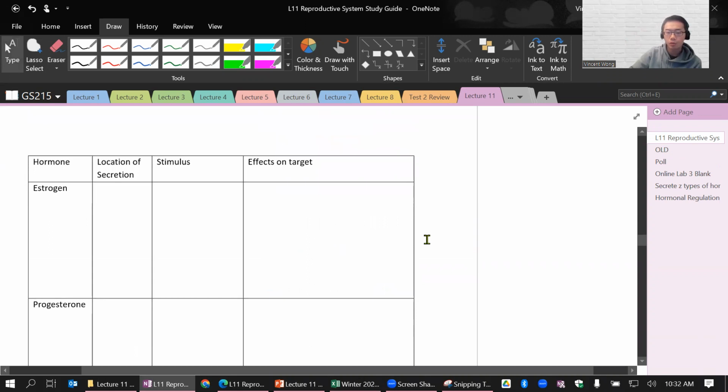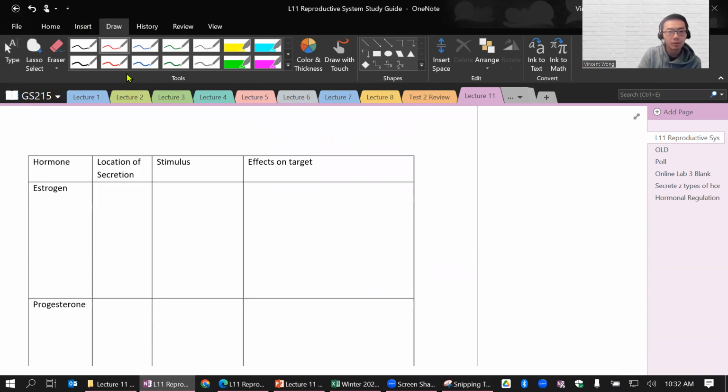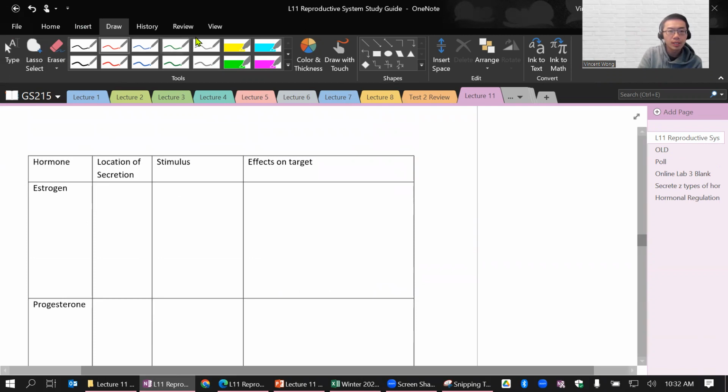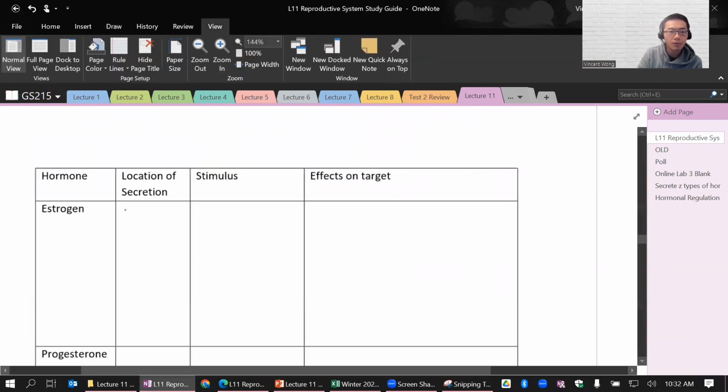Let's take a look at estrogen. This is female only. Location of secretion is, of course, the ovary, right? From the developing follicle.